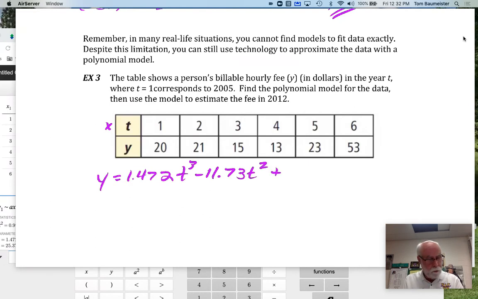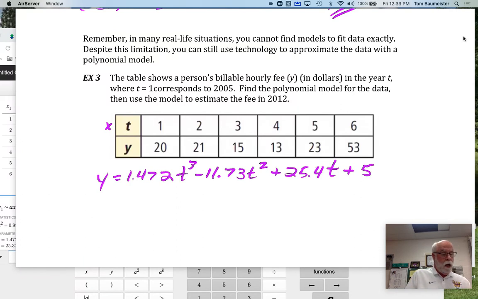And then we had plus 25.4, and I used just 1 because it was 1 decimal place. So again, I'm going with 3 after the decimal place, 2 after the decimal place, 1 after the decimal, and then the last one, I'm going to make a whole number. Well, it was a whole number on this one anyways.